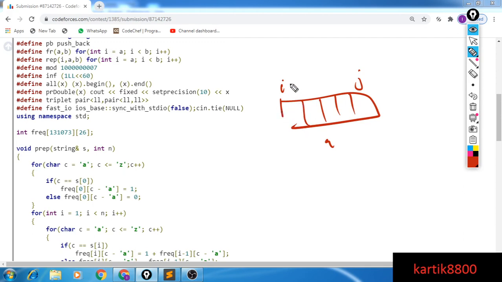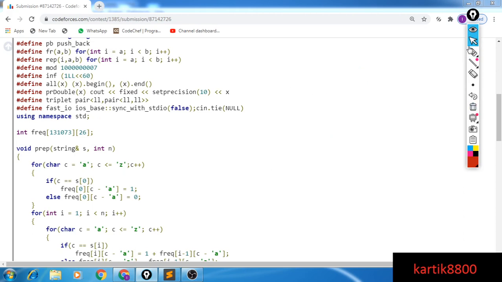So that is the cost for converting all the characters from i to j into the character A. To count the number of A's in this region, I could do a simple pre-processing in this frequency array, and this will be the prefix, the number of A's till the ith index. Then between i and j, the number of A's seen till j minus the number of A's seen till i minus 1 will be the number of A's in this region.